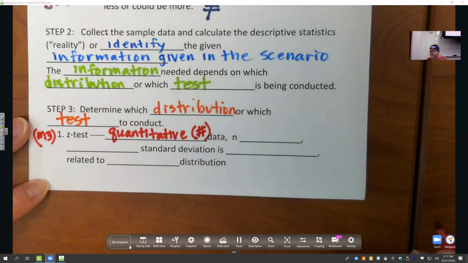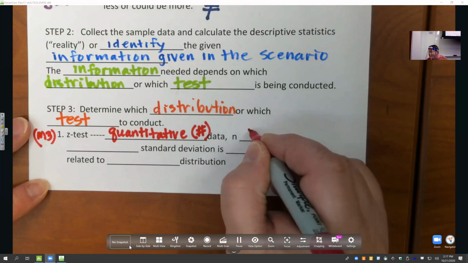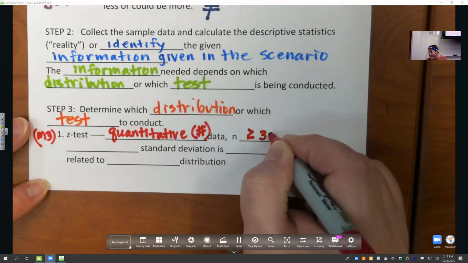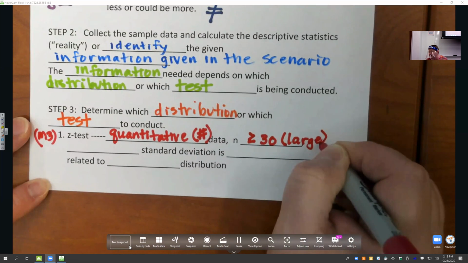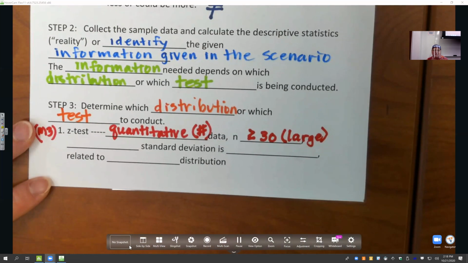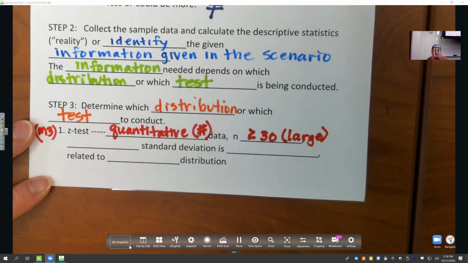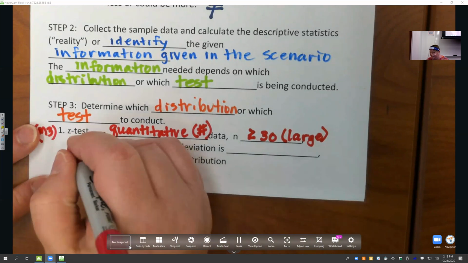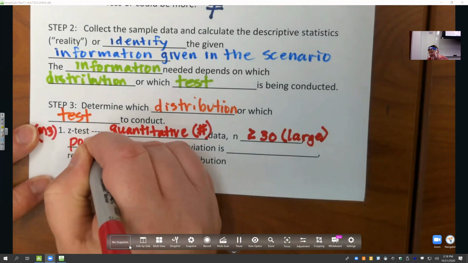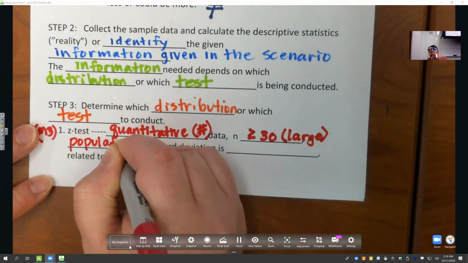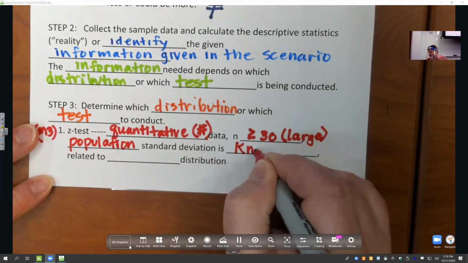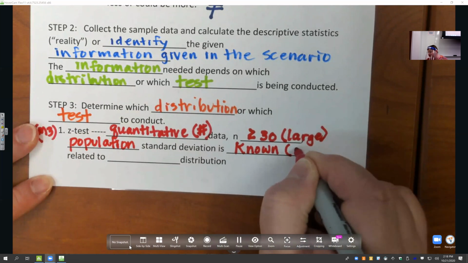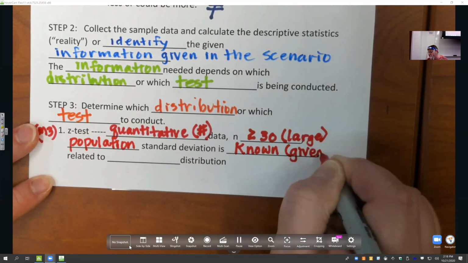If n, which is your sample size, is greater than or equal to 30, so that you have a large sample, the most important piece here, the z-test is used when the population standard deviation is known or given to you in the problem.